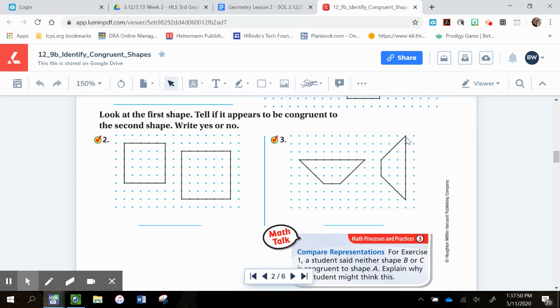Let me double check that I counted that. 1, 2, 3, 4, 5, 6, 7, 8. Look at that. I had to double count because I thought it was wrong at first. So make sure you do that. This side has 2, this side has 2. So these two shapes are congruent.